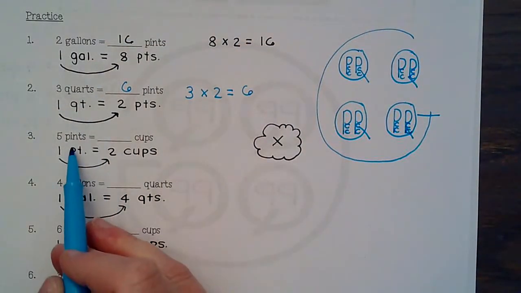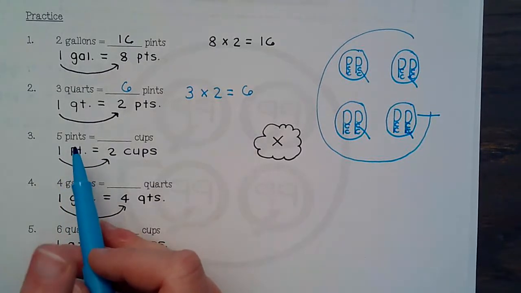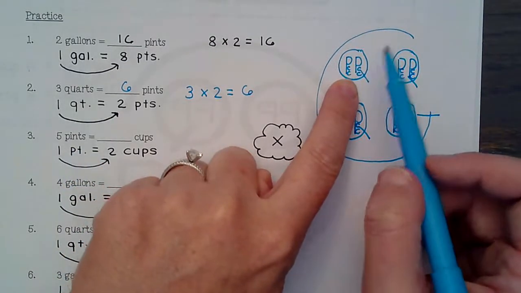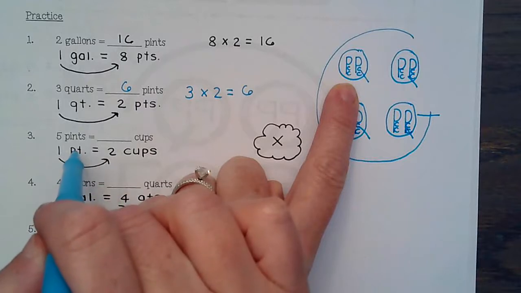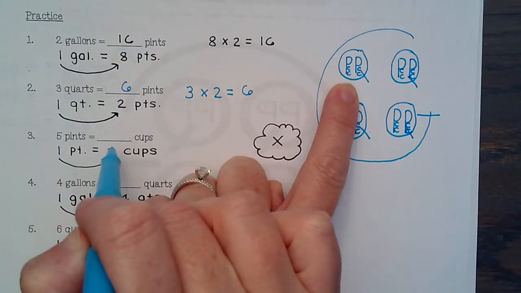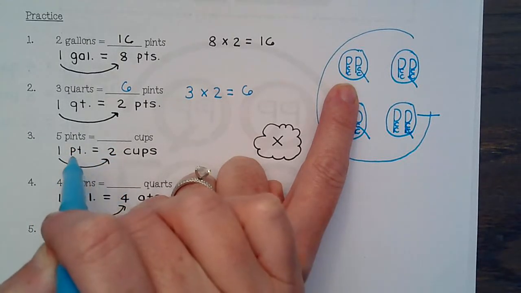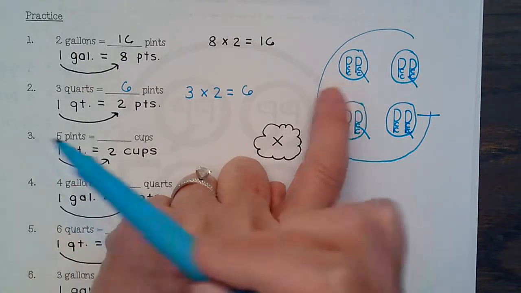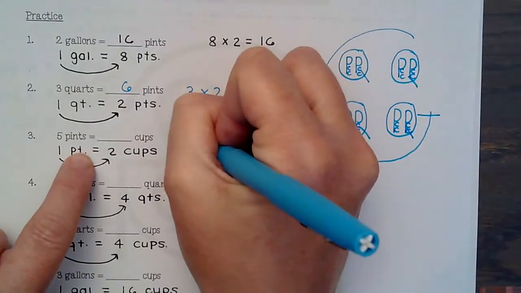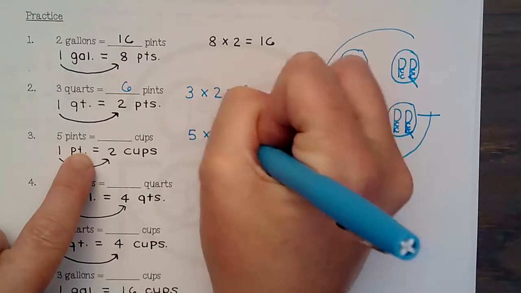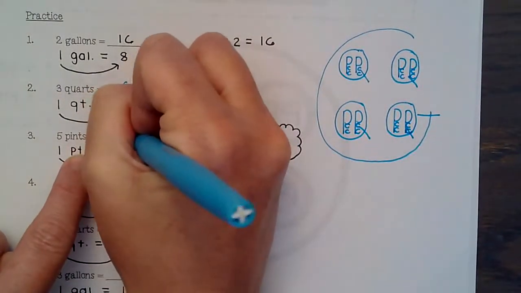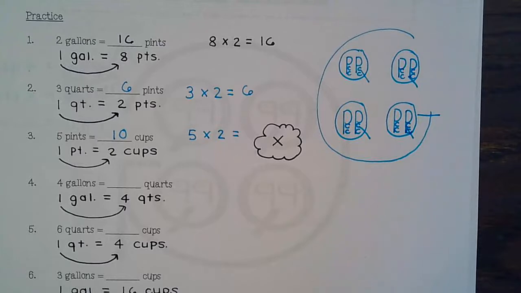Let's look at the next one. Now I'm looking at only pints, so just my P, okay? Inside 1 pint is 2 cups. So if I have 5 pints, I'm going to want to do 5 times 2. And 5 times 2 is 10. Getting the hang of it?